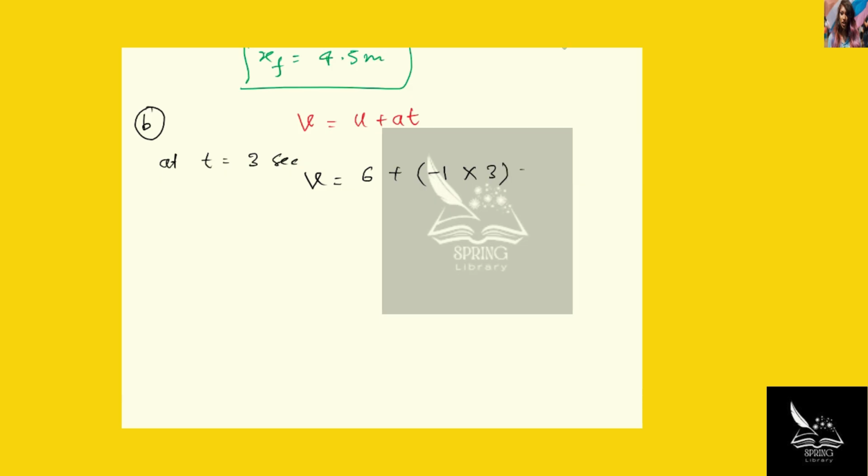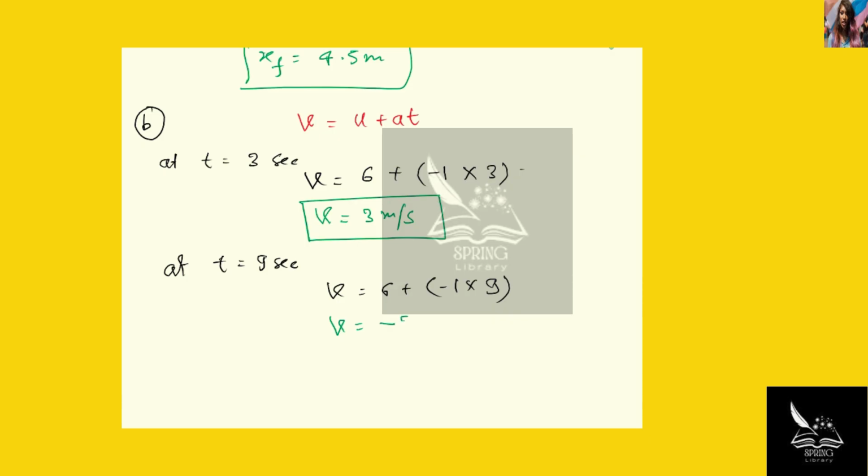So this velocity will be equal to 3 meter per second. Now next at t equals 9 second, v will be equal to 6 plus minus 1 into 9. So after calculation v is equal to minus 3 meter per second.